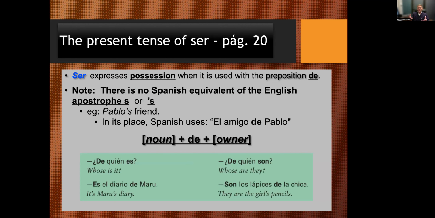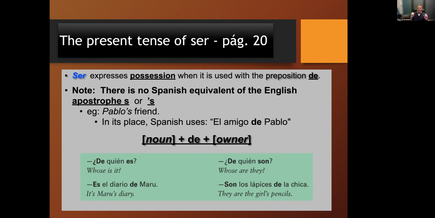All right, ser also expresses possession, and something very important in Spanish, there's no apostrophe s. There's no way of saying that possessive by adding an apostrophe s, like Pablo's friend, John's book, Mary's pencil.